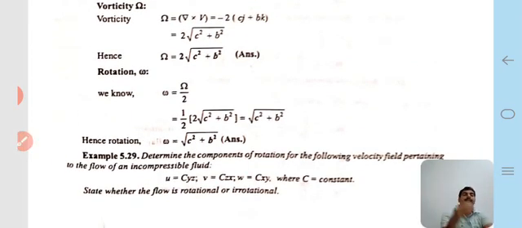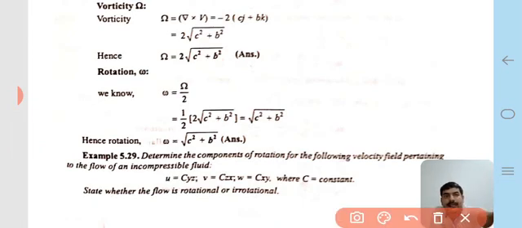Therefore we calculate what the question asks, the vorticity and rotation. Here we calculate the vorticity because the flow is rotational. Vorticity is equal to the curl of velocity, which is minus 2 times (cj plus bk), which is equal to 2 times the square root of (c square plus b square).